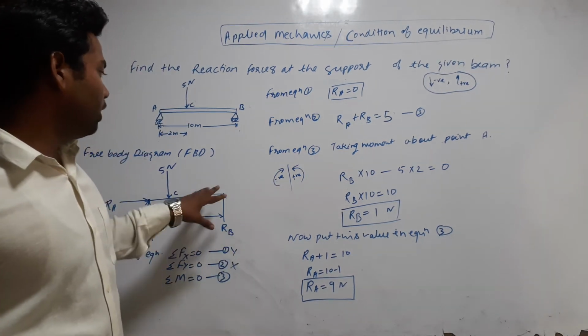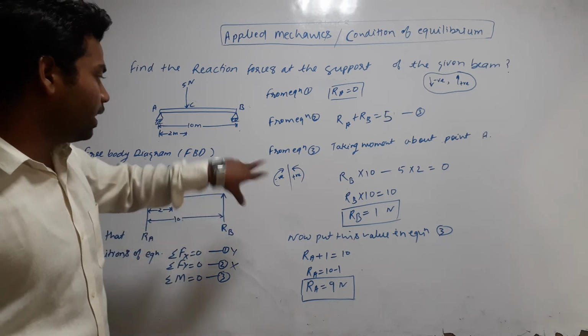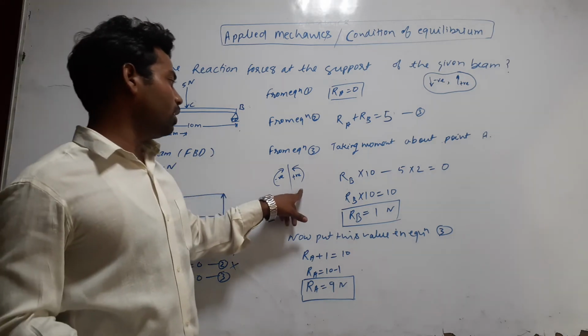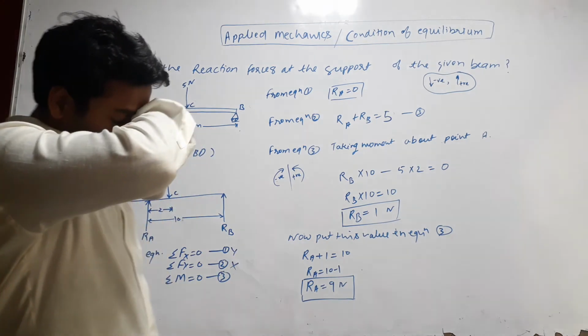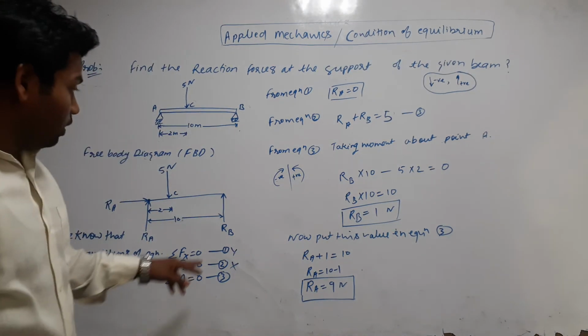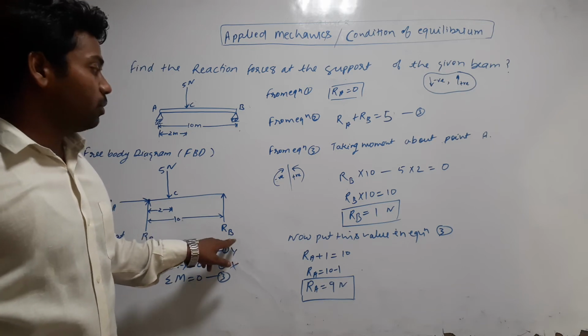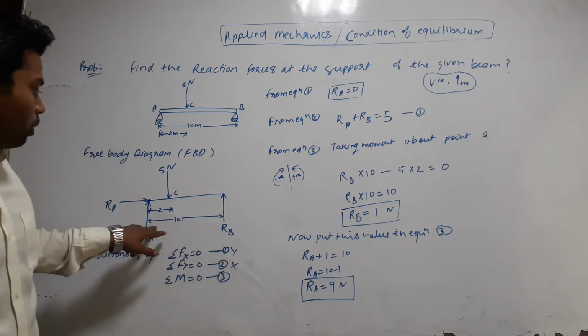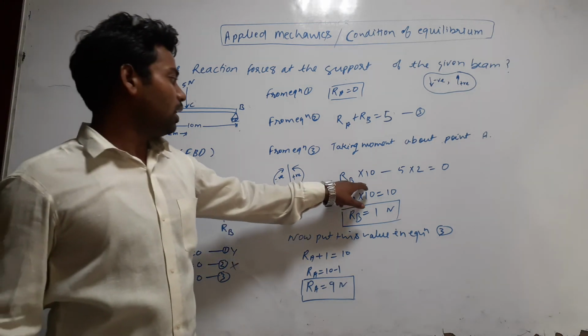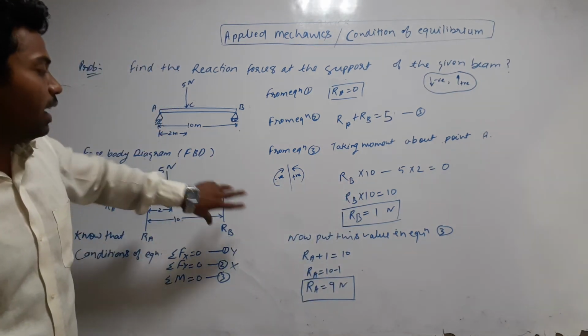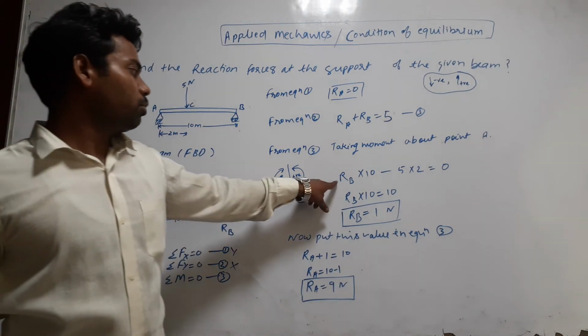If the moment is trying to rotate that beam in the anti-clockwise direction, I have taken that moment as positive moment. Firstly we will see the moment created by RB. So RB and perpendicular distance to the point is 10, and that is anti-clockwise, so I have taken it positive.